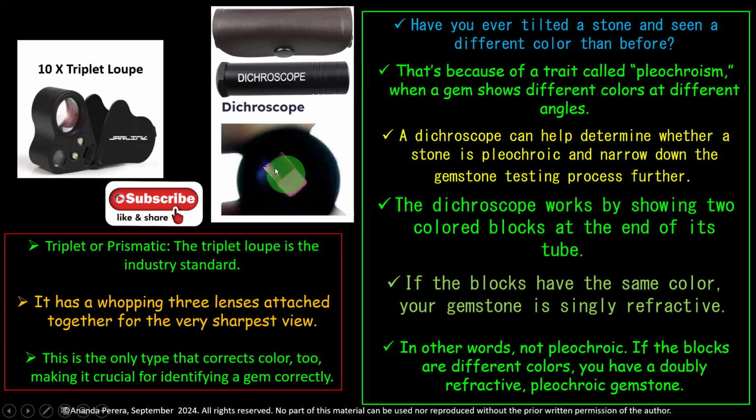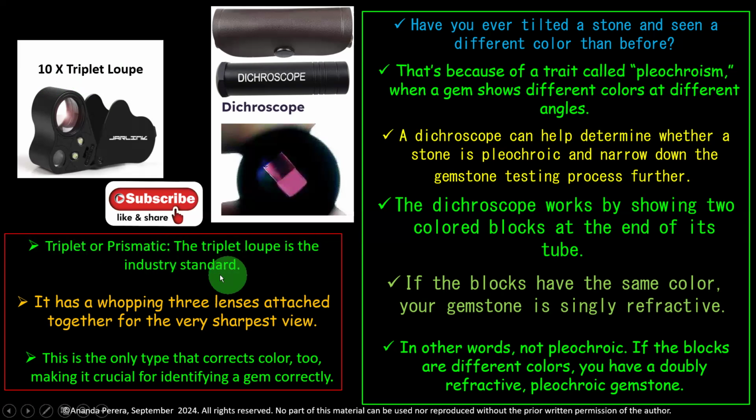If it is a tanzanite, it gives 2 colors here, then we can recognize it as double refractive. So if we check this with the double card, we can see this also inside the double card. The same thing happens. Triplet, the word triplet or prismatic.